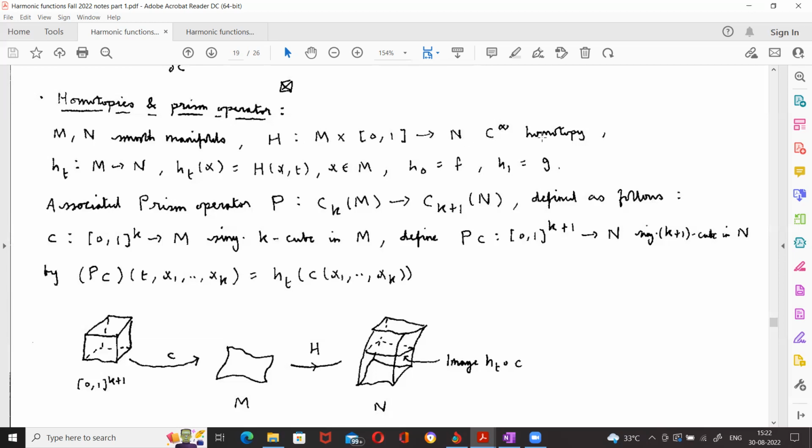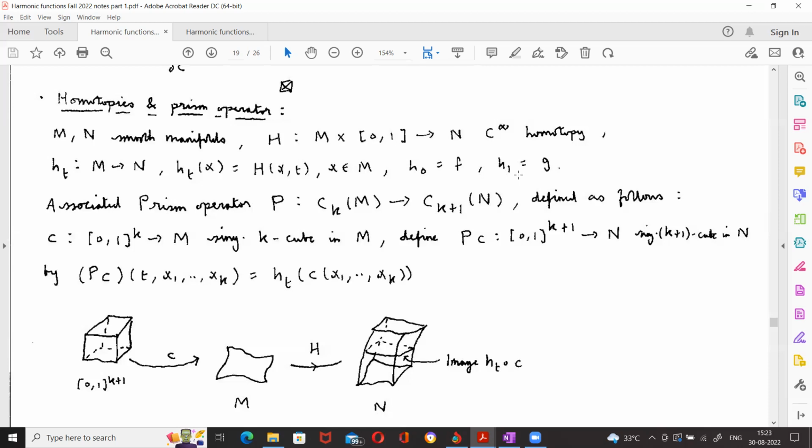So this H, capital H, gives us a smooth one parameter family of maps from M to N, H_t, where H_t is a map from M to N such that H_t of x is capital H of (x, t). Let's call H_0 to be F and H_1 to be G. So capital H is a homotopy between the maps F and G.